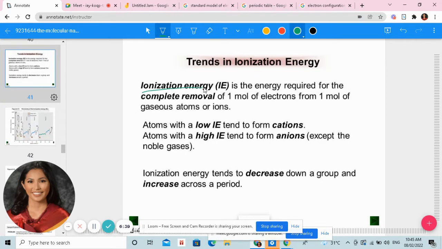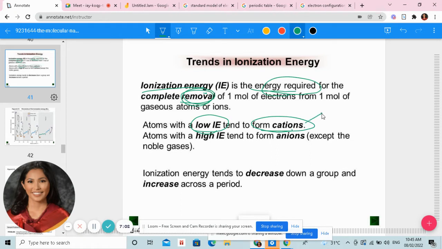Now, we also have ionization energy. It's the energy required to remove 1 mole of electrons. So atoms with low IE tend to form cations.